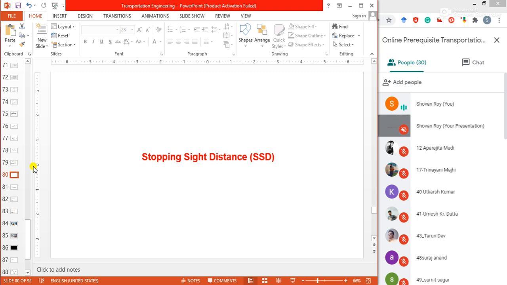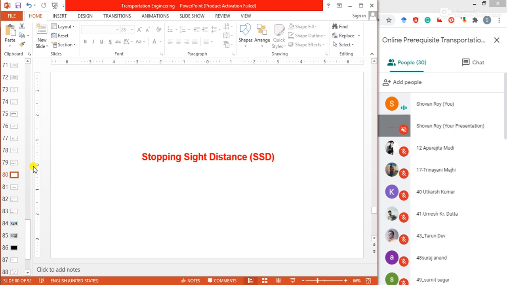When overtaking sight distance cannot be provided, intermediate sight distance is provided to give limited overtaking opportunities to fast vehicles. So where OSD is not provided, ISD is applicable.